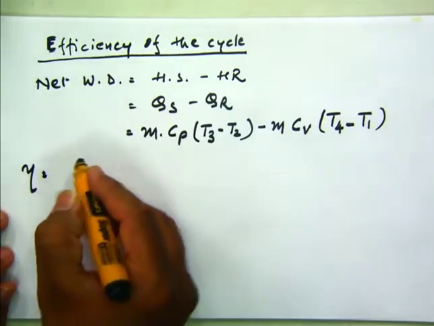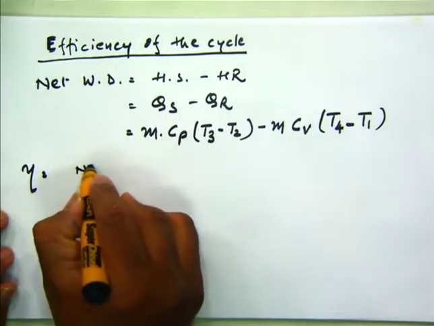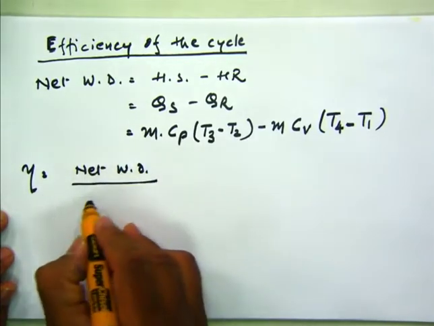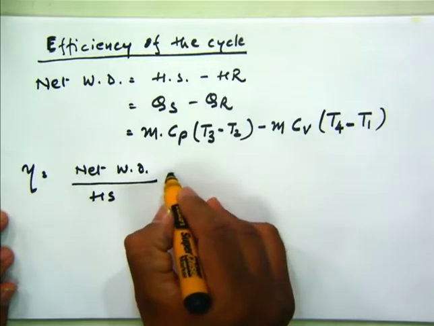So efficiency, eta, is equal to net work done upon heat supplied.